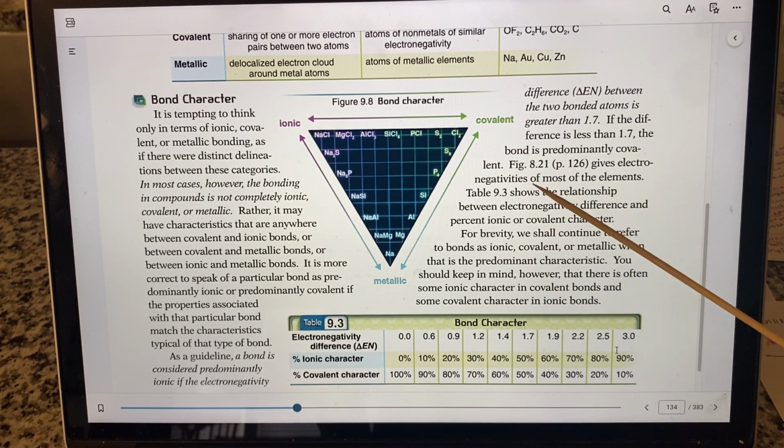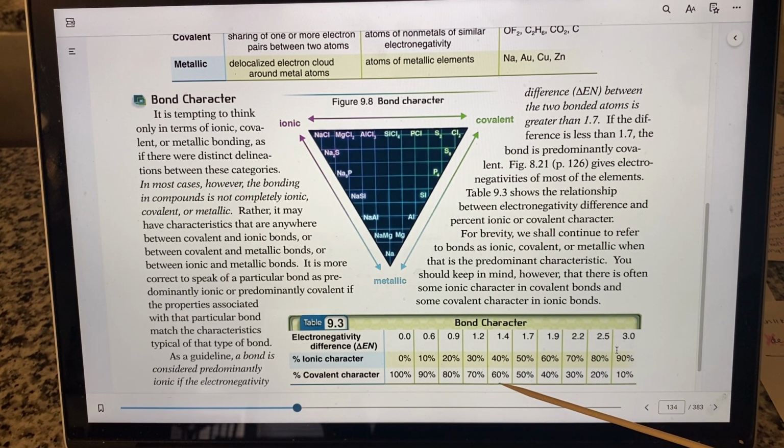If the electronegativity difference is great, that means they really draw electrons, so the percent is going to be ionic. If the difference is 0, the bond is 100% covalent. Up to 1.7, it's about 40% ionic and 60% covalent.